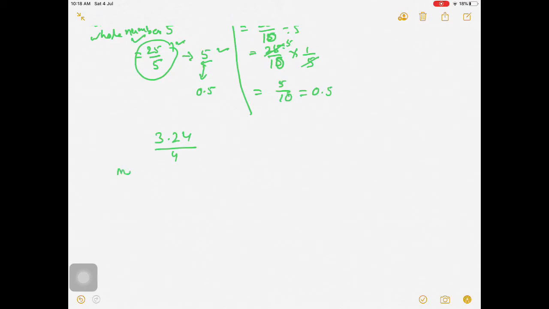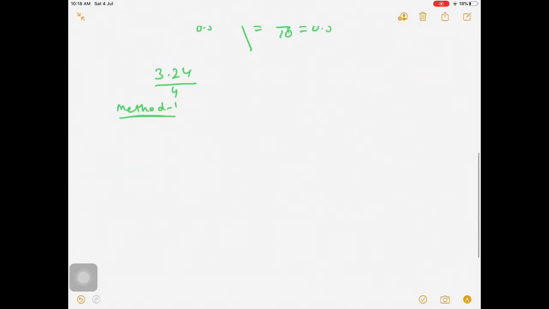So in method 1 that we learned, we can do it by making a fraction. Now it is 324 divided by 100 and divided by 4. That is 324 divided by 100 into 1 by 4.